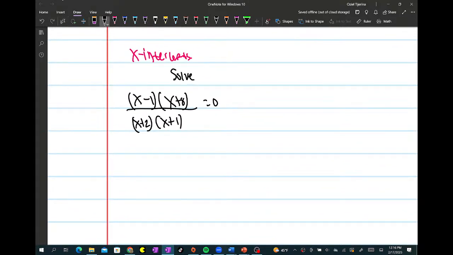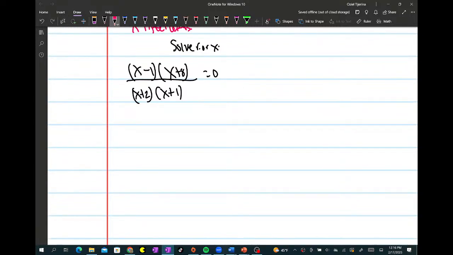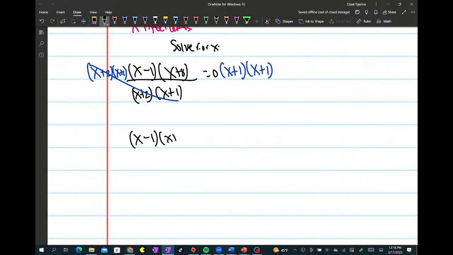To do that, we multiply both sides of the equation by x plus 2 times x plus 1 to get rid of the fraction. So this cancels out, and we end up with x minus 1 times x plus 8 equal to 0, since 0 times anything is 0.